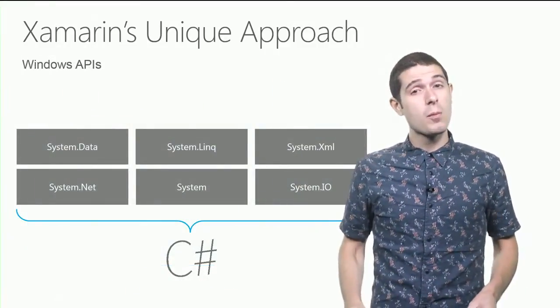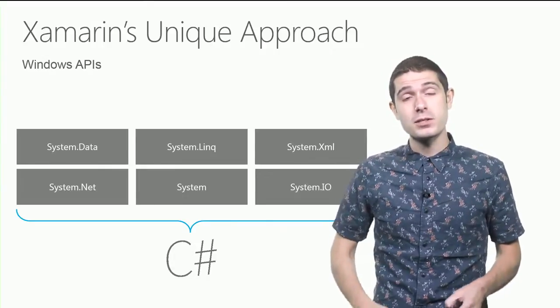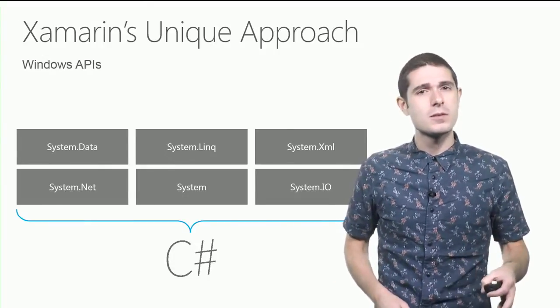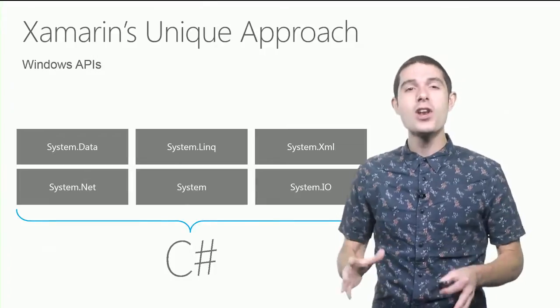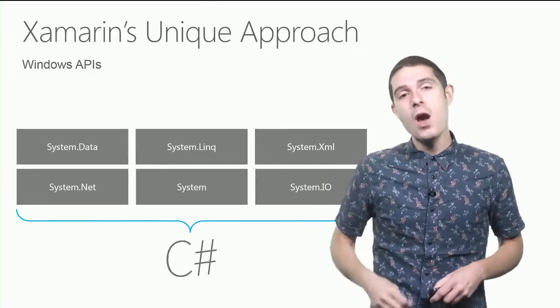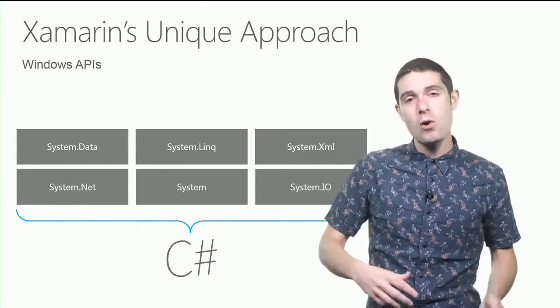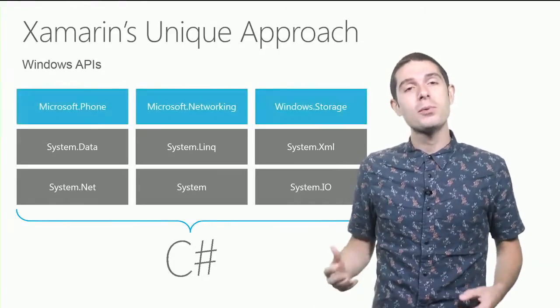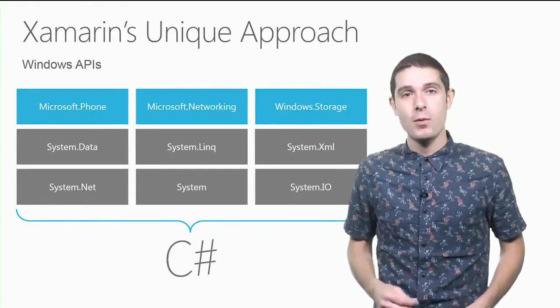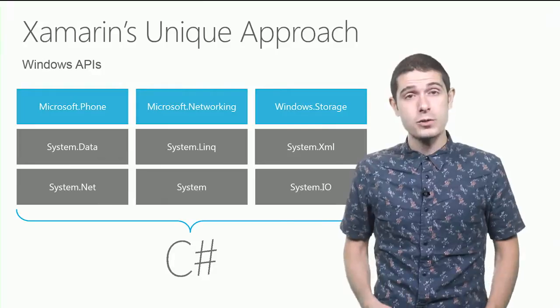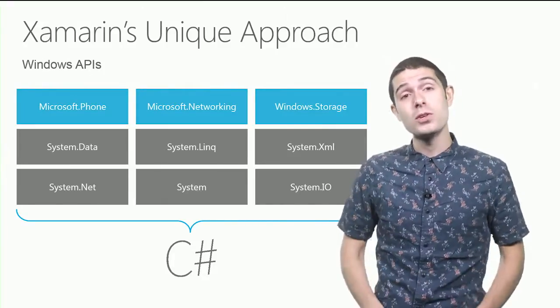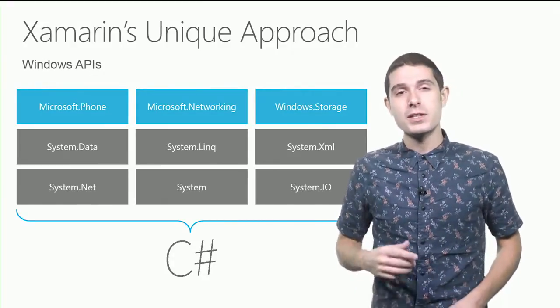Now, if you're a Windows developer today, the .NET libraries are going to look very familiar to you. System, data, LINQ, XML, things that we know and love as .NET developers. And when you go to a new Windows platform, phone, store, desktop, you get some platform-specific APIs to mess around with, like phone or storage. And you can think of it the same when you use Xamarin to build out iOS and Android apps.